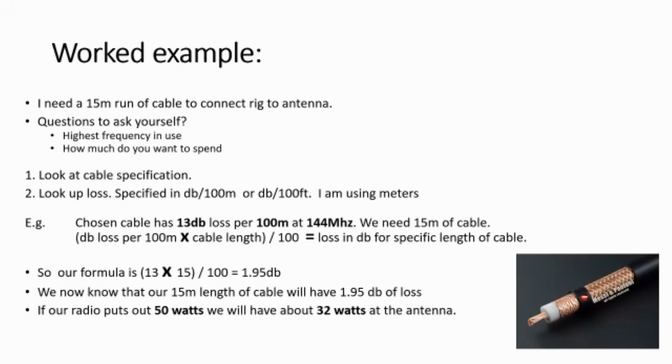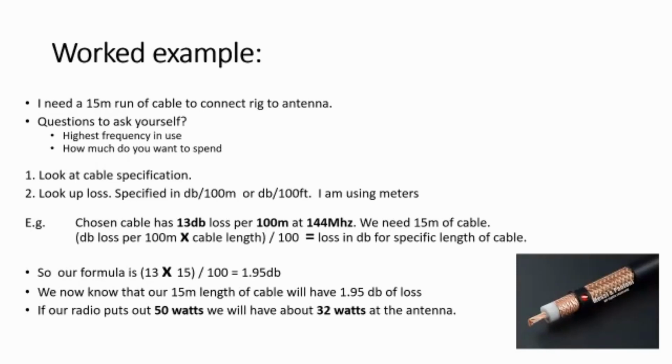Once you've asked those questions, the next thing is to go look up your cable specifications. Look up the loss specified in dB per 100 meters or dB per 100 feet. In this example, I'm using meters. So the chosen cable is 13 dB of loss per 100 meters at 2 meters. We need 15 meters of cable.